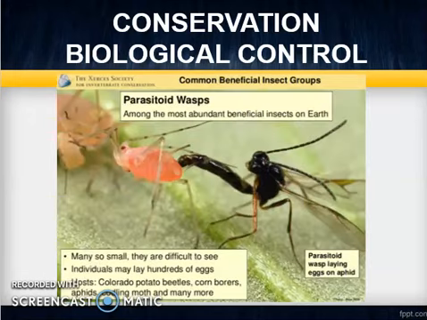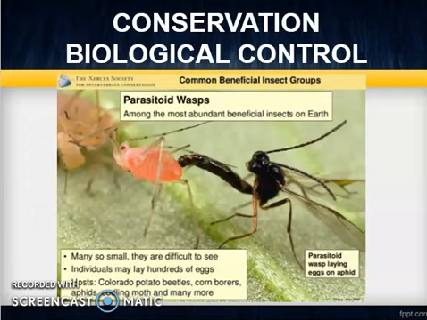Okay, students, let's continue our discussion about the second group of beneficial insects that can be used in agriculture, the one that we call parasitoid. Based on this slide, this is a group of insects that we call parasitoid wasps that can be used to control the presence of aphids in our agriculture. Among the most abundant beneficial insects on earth is the parasitoid wasp.